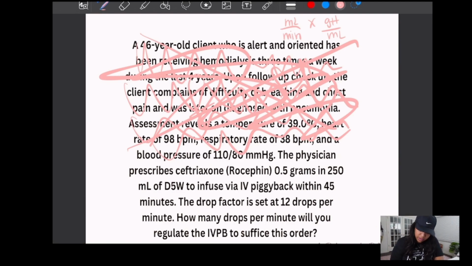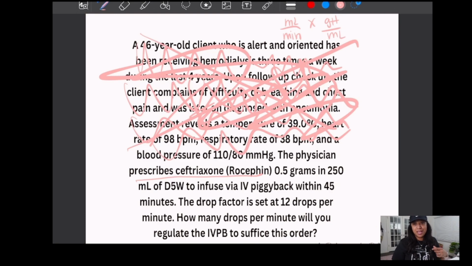So the order is for this drug, and it comes as 0.5 grams in 250 milliliters of D5W, which is dextrose 5% in water, and it's going to infuse via piggyback. Piggyback, don't let that scare you either.